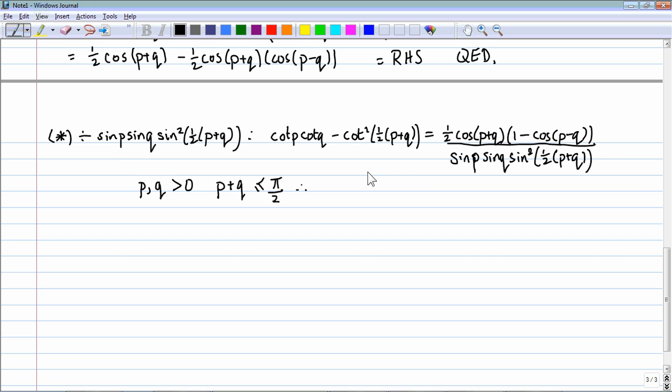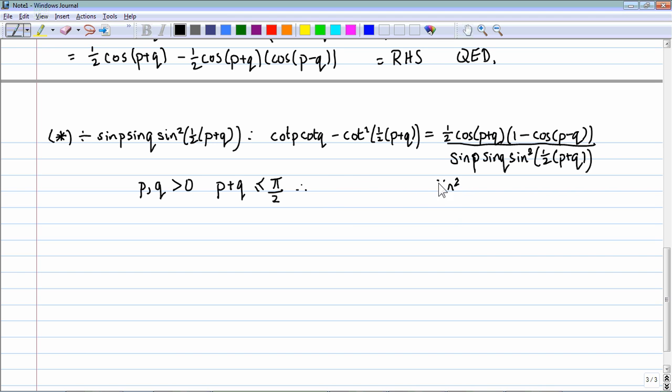So half p plus q is less than or equal to pi over 4. Which obviously means that sine, well actually what am I saying? That's irrelevant.